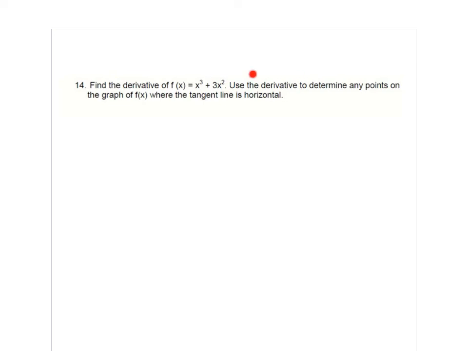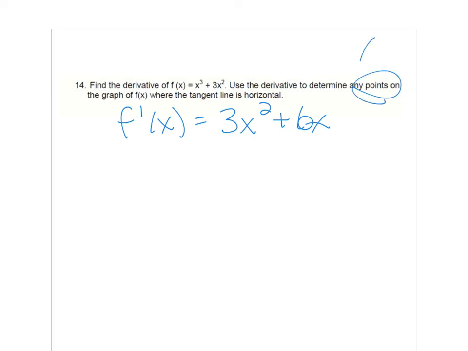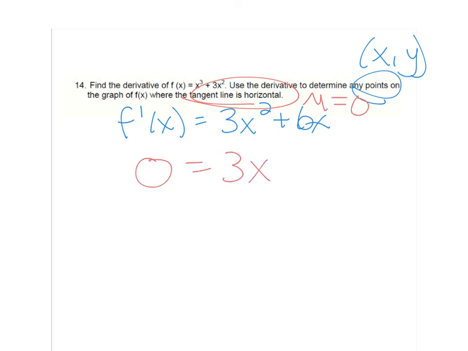Okay, it says use the derivative. So first I have to find the derivative. Determine any points, so that's x comma y, where the tangent line is horizontal. That means a slope of 0. So we'll set the derivative equal to 0. Let's solve this.